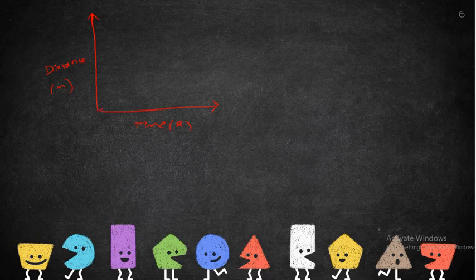I will take a linear graph like this, and I will mark here 1 meter, 2 meter, 3, 4, 5, 6, and here 1, 2, 3, 4, 5, 6, and so on.